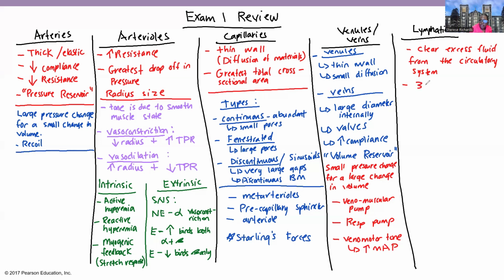It clears about 3 liters per day, right? That's going from the circulatory into the lymphatics, being passed through the vessels and the nodes, then goes back into the venous system. So it's going to bring that fluid back to the venous system.